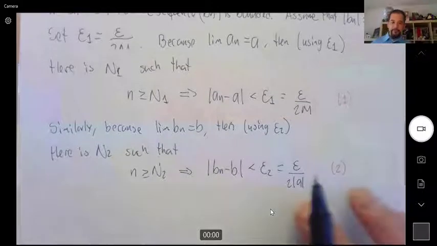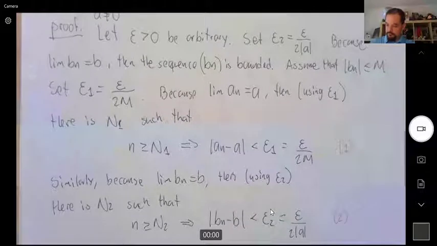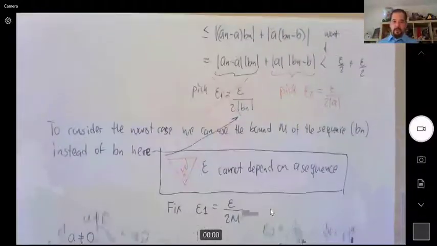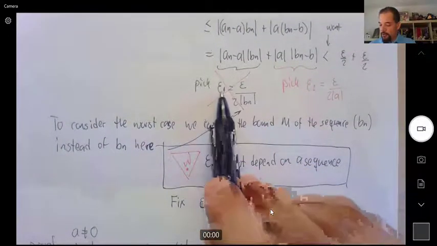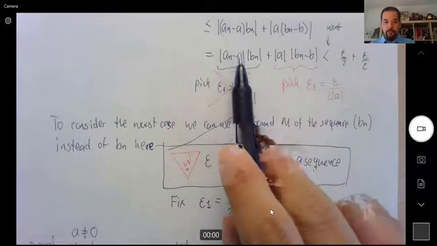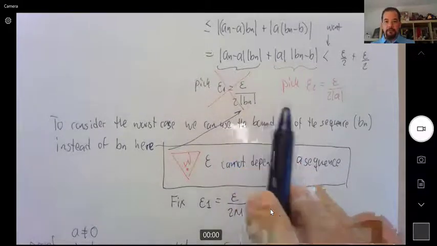Question here. Didn't we define epsilon 1 as, isn't epsilon 1 associated with the b's? I'm a little confused. Yeah, let's go back to why that is the case. For epsilon 1, it's because we want to control an minus a, but we want it so that when we multiply by bn, we get epsilon over 2.